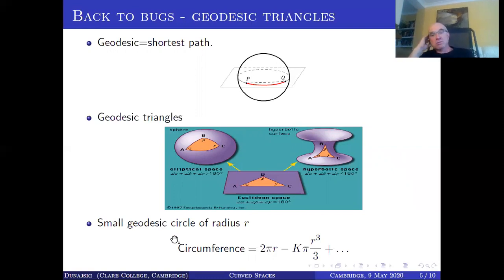And in general, for small circles, the correction to the 2 pi r is given by minus the Gaussian curvature times pi times r cubed over 3. The dots here denote some higher order terms which involve higher powers of the radius, but if the radius is small, you can neglect them and read off the curvature just from these.